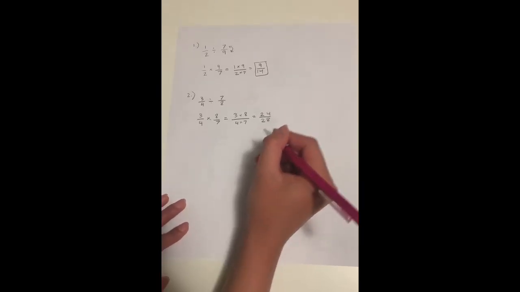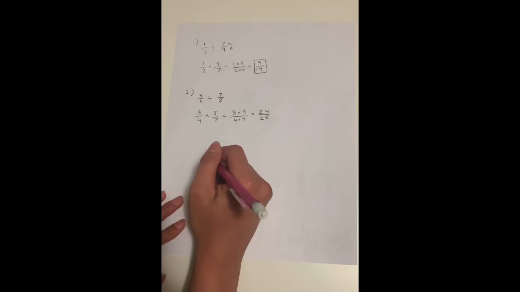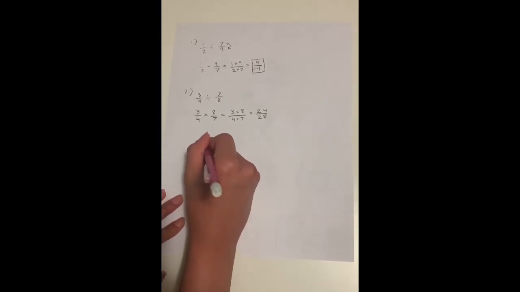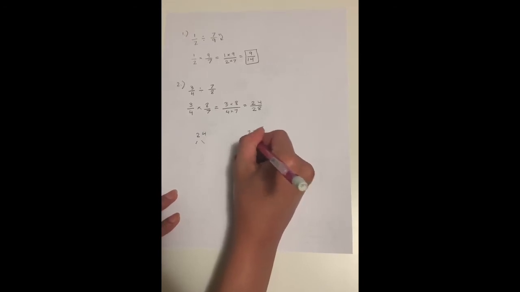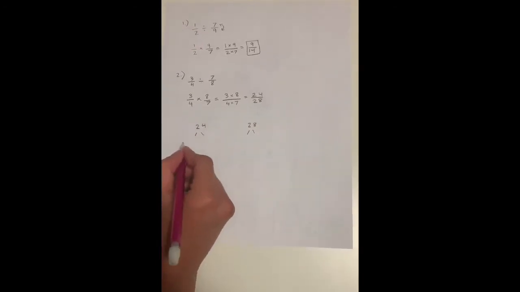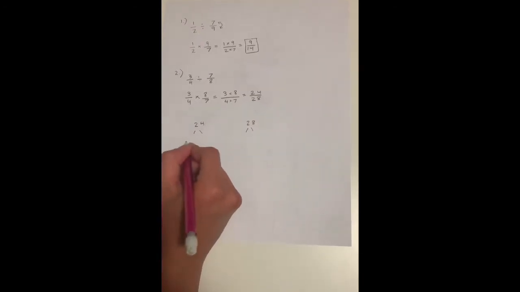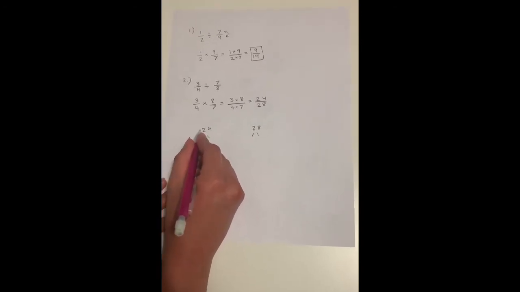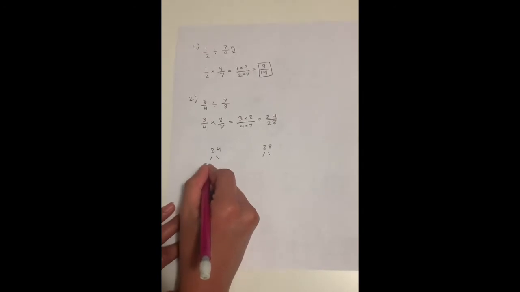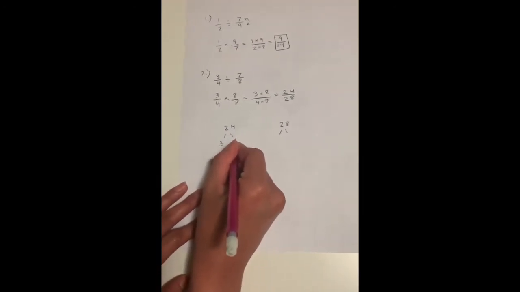To do this, we'll be creating prime factorization trees of 24 and 28. So for 24, you need to think of 2 numbers that multiply and equal 24. I'll be using the example of 3 and 8.